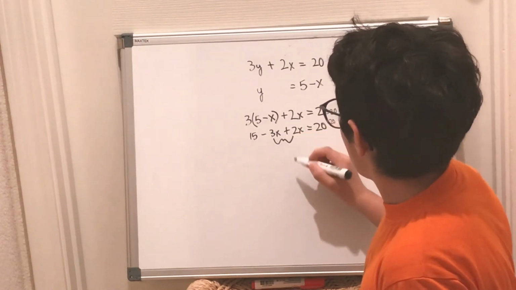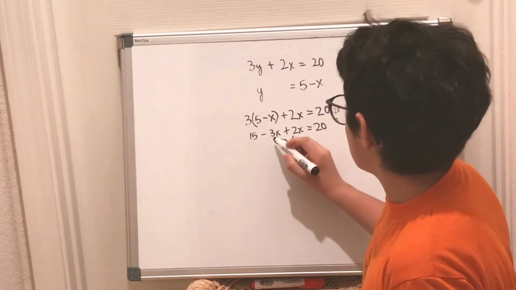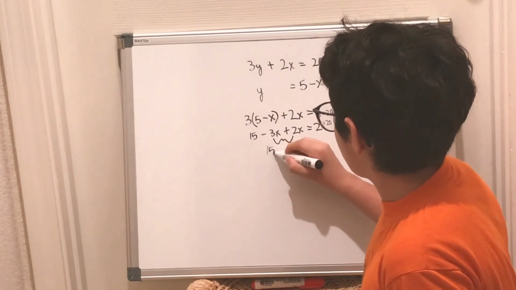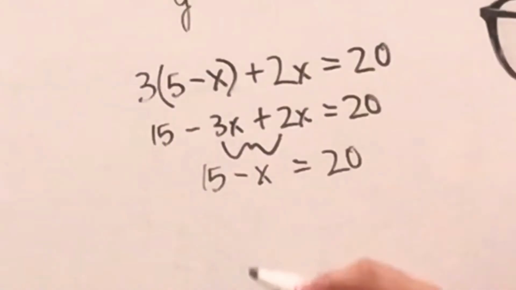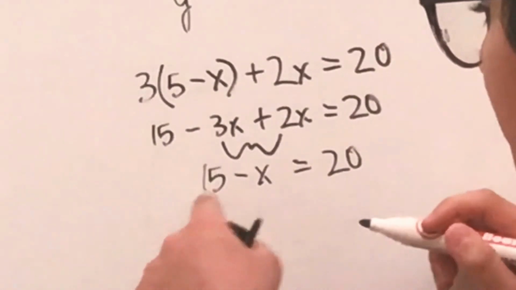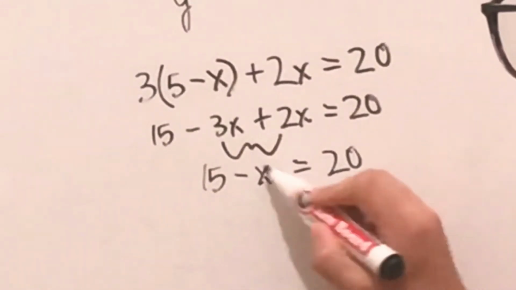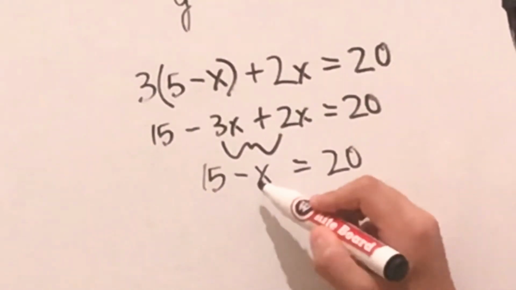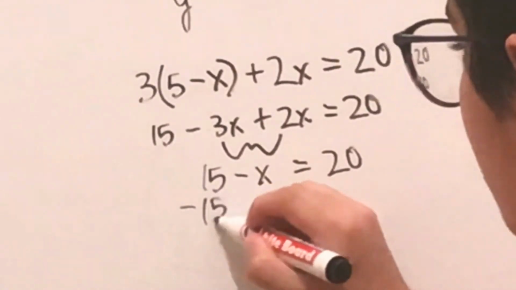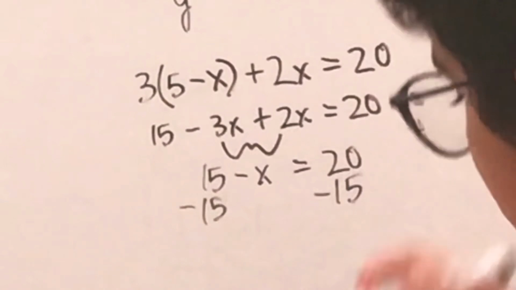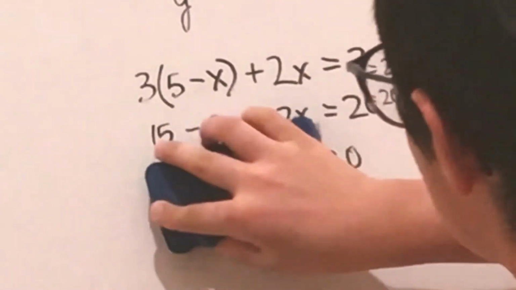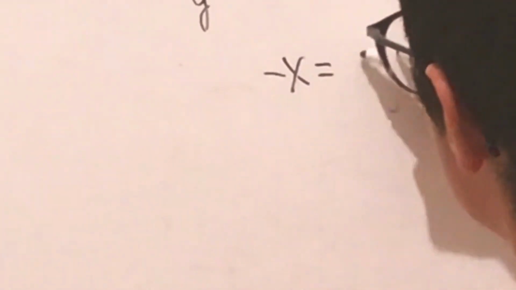We can simplify that. 15 minus 3x plus 2x is just 15 minus x equals 20. Now we subtract 15 from this side and from this side to leave the negative x over there. So minus 15, minus 15. And now what we have is negative x equals 5.